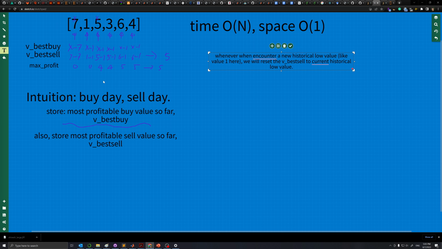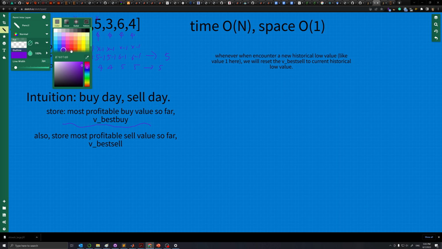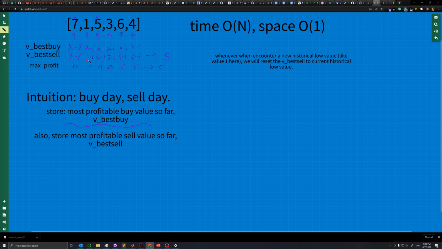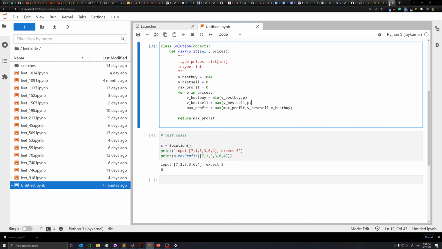Right. That's where the reset is happening. If you pay close attention, this is a reset, right? This is where we did that reset, and we're going to do that here.